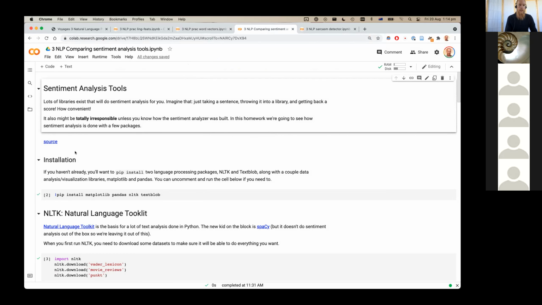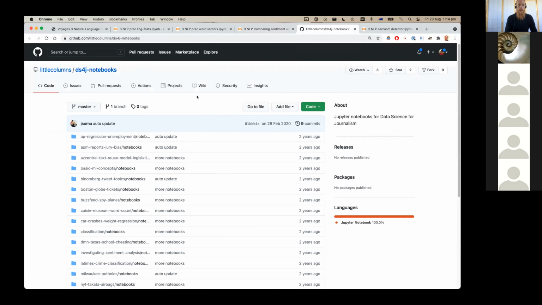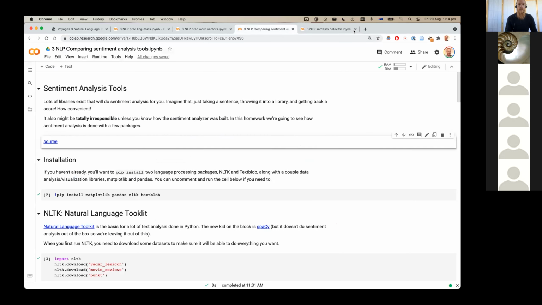So this is a Colab which has come from an online repository of various notebooks. The link is in the Colab. There are some really nice NLP activities in there if you feel like playing around with some more techniques.